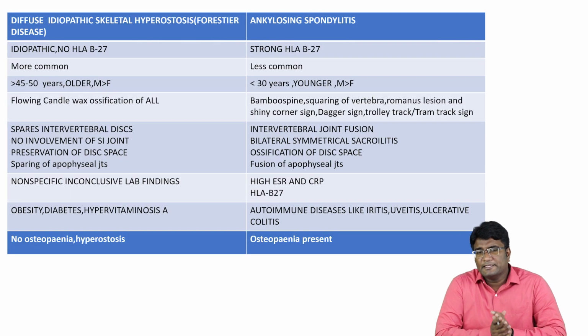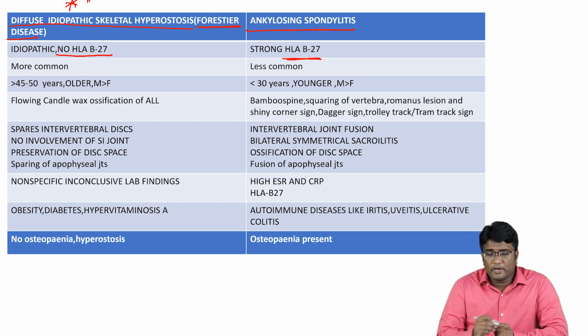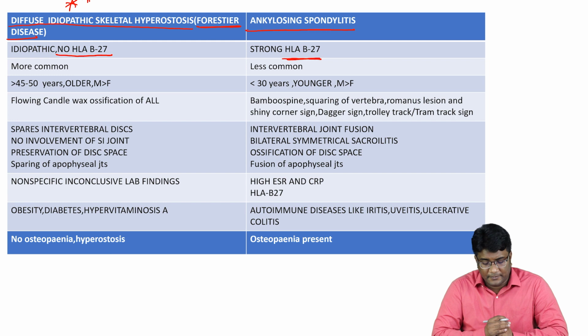So let's sum up the differences between DISH and ankylosing spondylitis. DISH, which is diffuse idiopathic skeletal hyperostosis, also called Forestier disease, has no HLA-B27 positivity, and as the name says, it is idiopathic. Whereas ankylosing spondylitis, we all know, is strongly HLA-B27 positive.